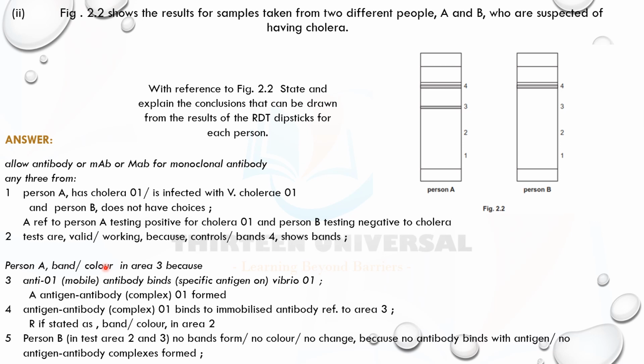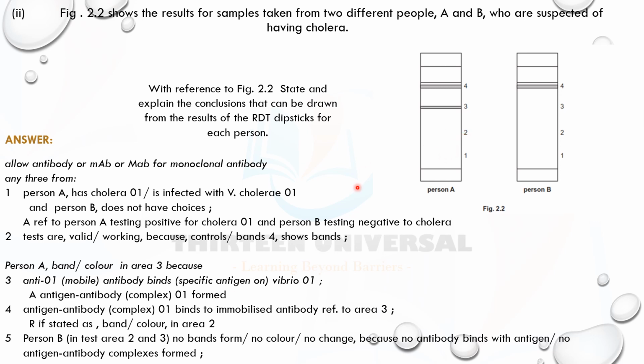Person A has a band, a color. Of course, we're explaining it now. The anti-O1 mobile antibody binds to the specific antigen on Vibrio O1, and the antigen-antibody complex O1 is formed. They were formed here, but they're still moving up.